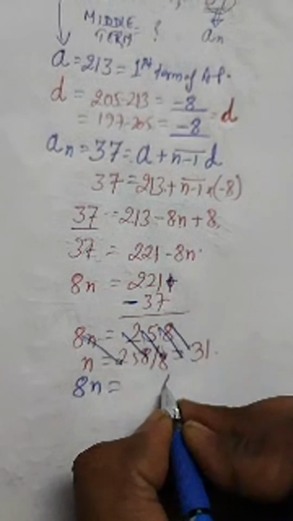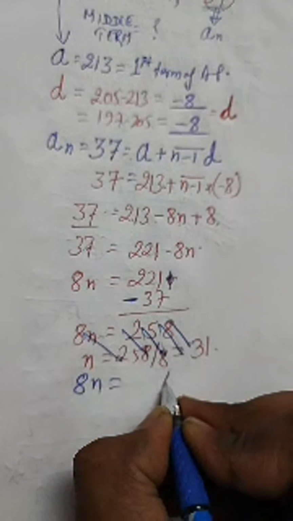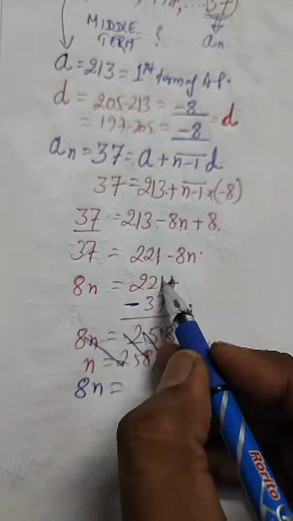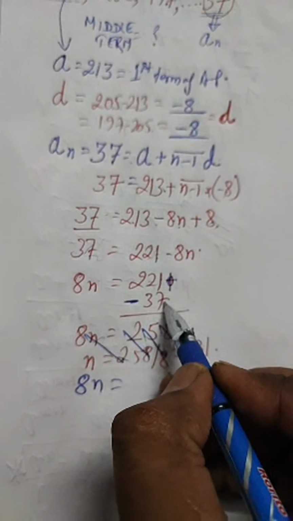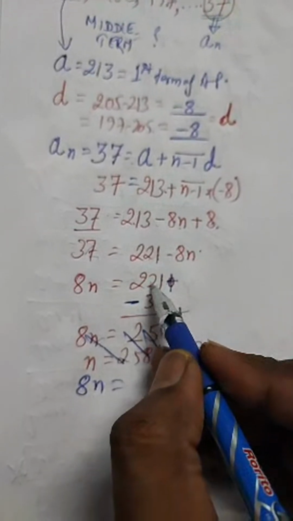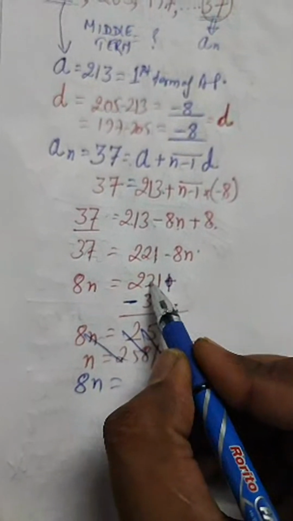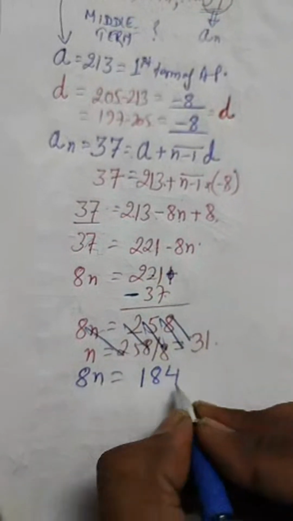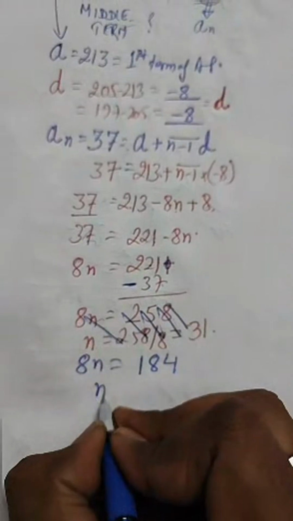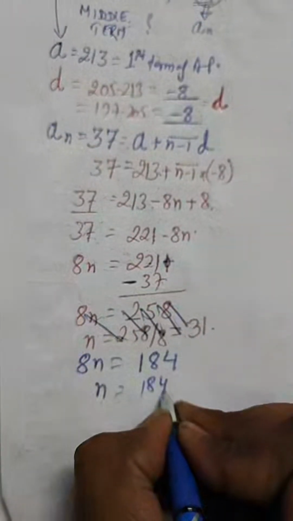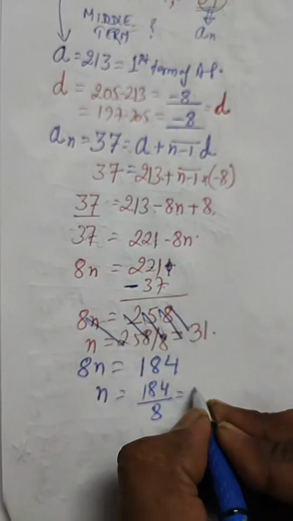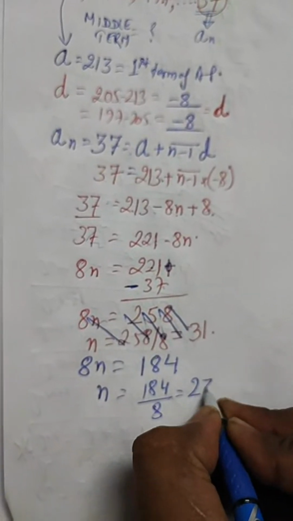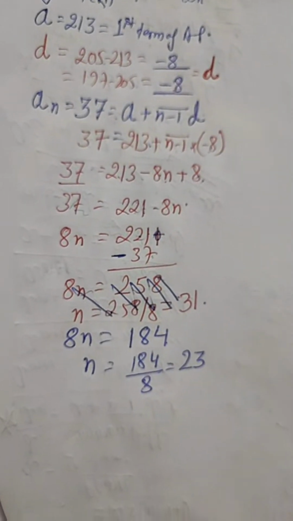which is 184. 11 minus 7 is 4, and this is 1, so 11 minus 3 is 8, 184, and n is equal to 184 by 8. This will give you 23, right?